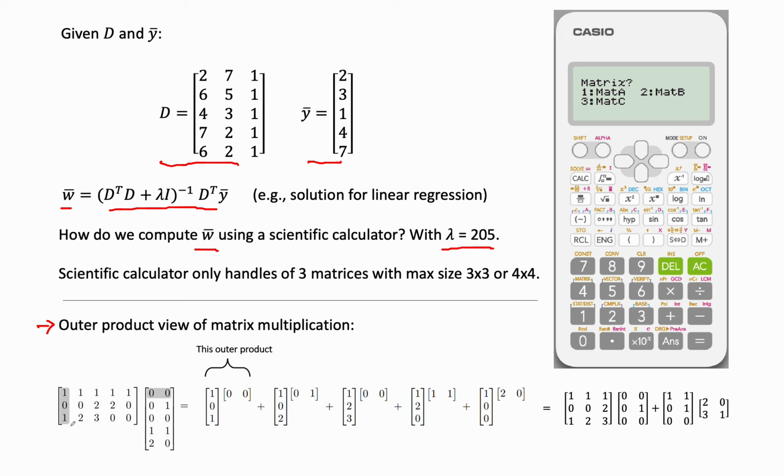Let's say we want to compute the products between these two matrices. We will be able to rewrite it as the outer products between columns from the first matrix with rows from the second matrix.